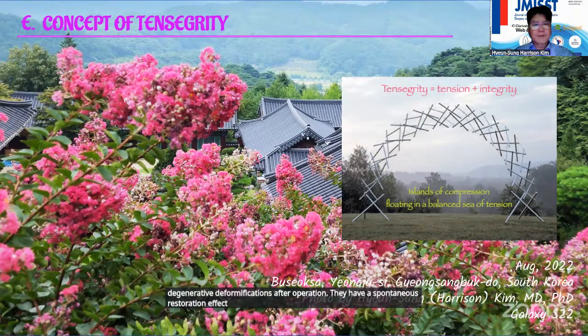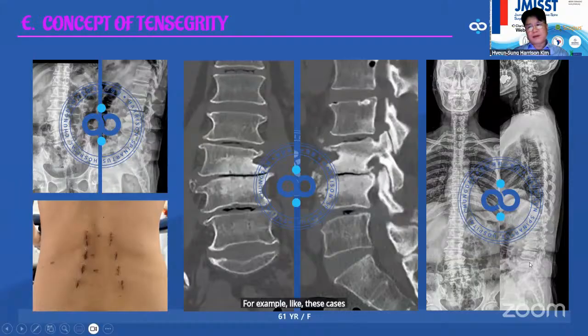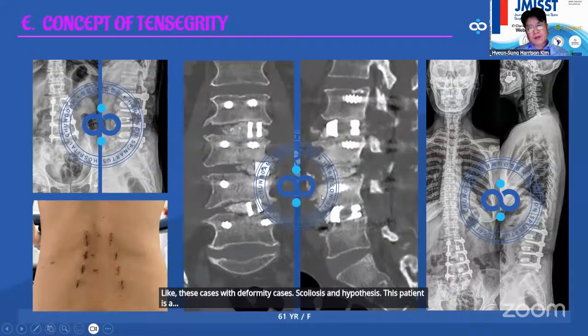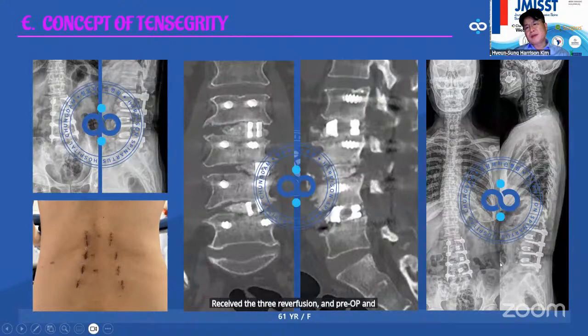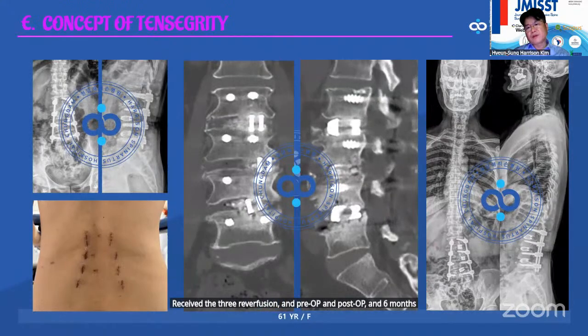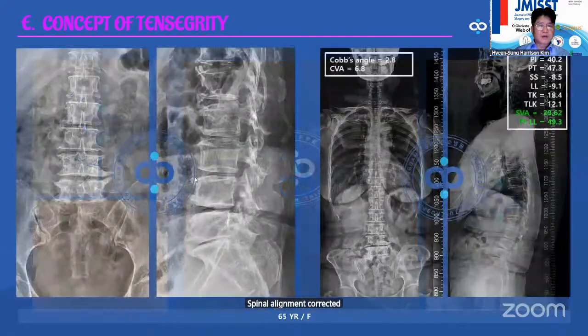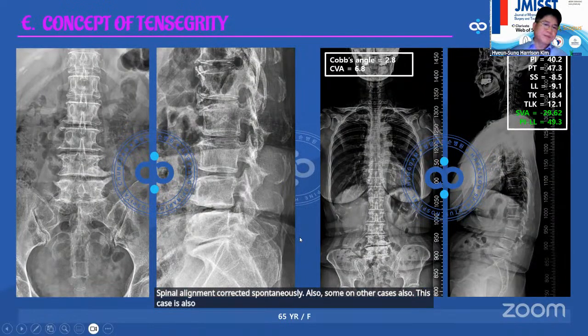I will show that. For example, in this case with degenerative deformity, scoliosis and kyphosis, the patient received a 3-level fusion. Comparing pre-OP and post-OP, and 6 months later and 1 year later, the spinal alignment corrected spontaneously. Also, this is another degenerative kyphosis case.